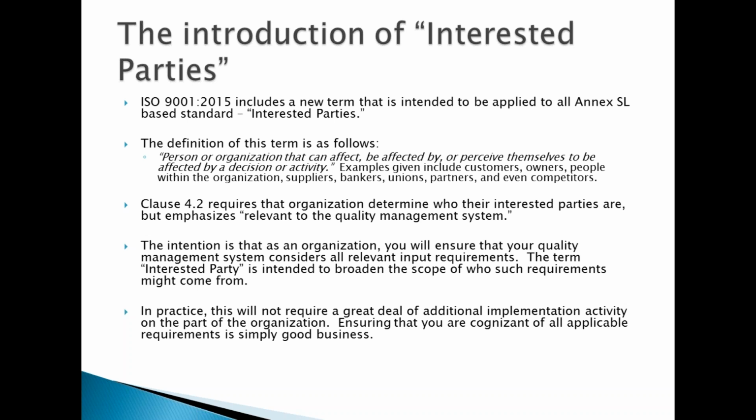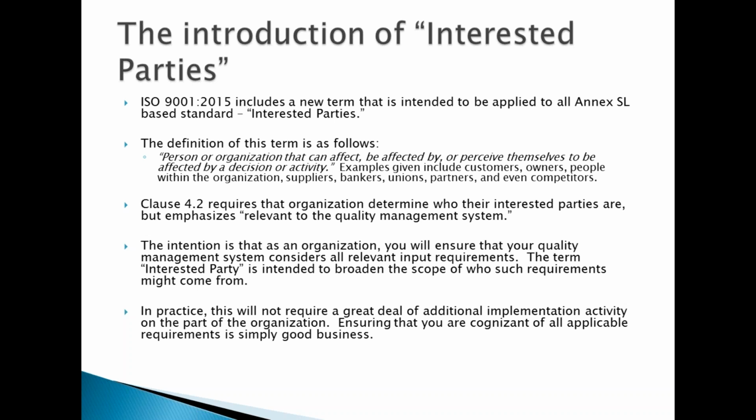An interested party is a person or organization that can be affected by, or perceive themselves to be affected by a decision or activity. And there's even some examples that are given. They talk about customers, owners, people within the organization, and then they get into some interesting examples: suppliers, bankers, unions, partners, competitors.